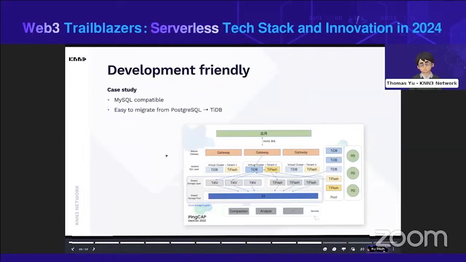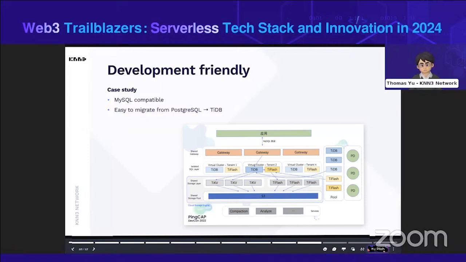It's also very development friendly. MySQL compatible is one thing, and it's also very easy to migrate from PostgreSQL. This also relieved us a lot in the migration. And I think TiDB's official website provides some effective tools that you can directly use, so it's very simple.